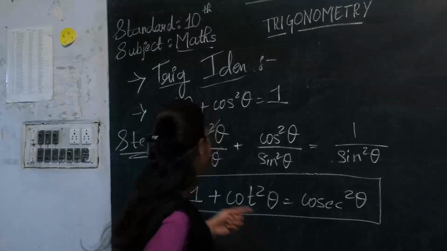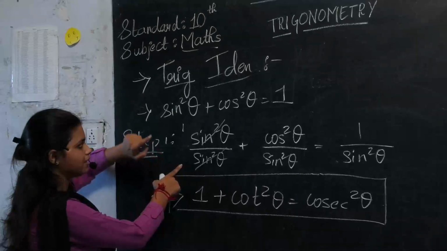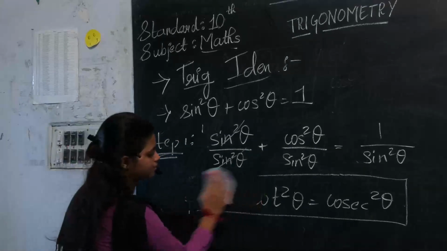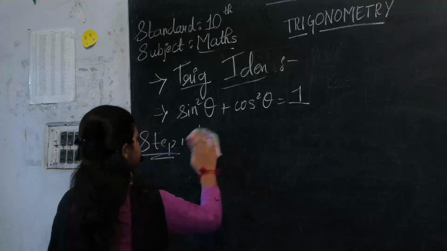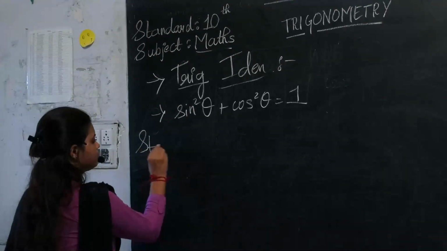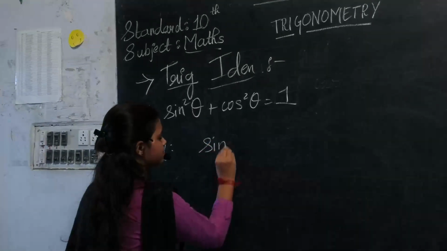Okay. As we have divided by sin square theta, now we will divide this equation by cos square theta and we will get the third identity. How? Just see this. Step number 1. Again, we will write this expression first.